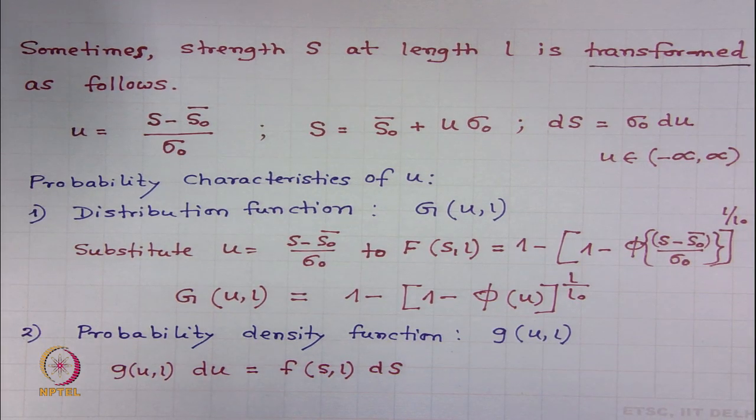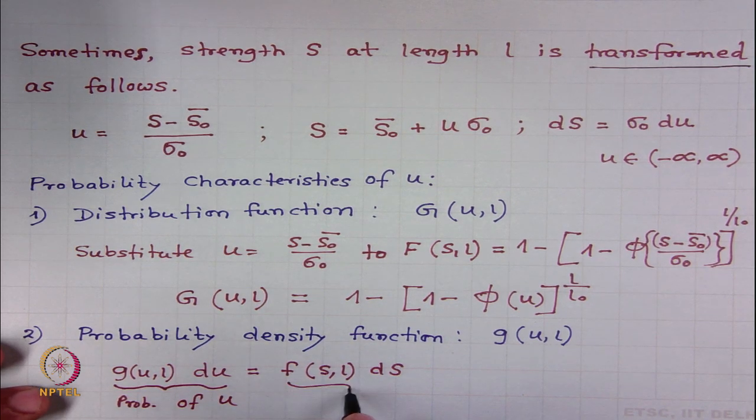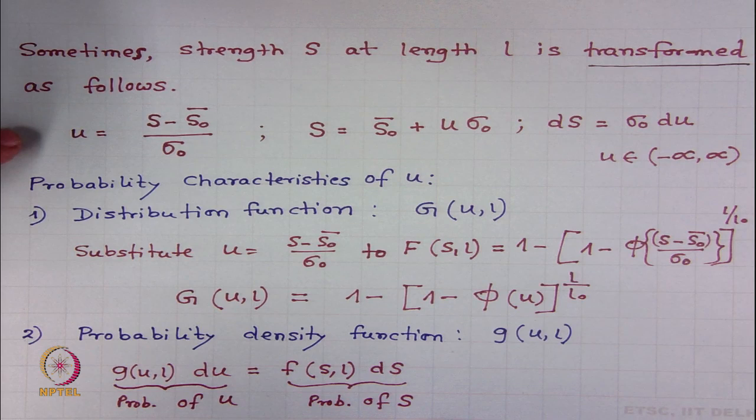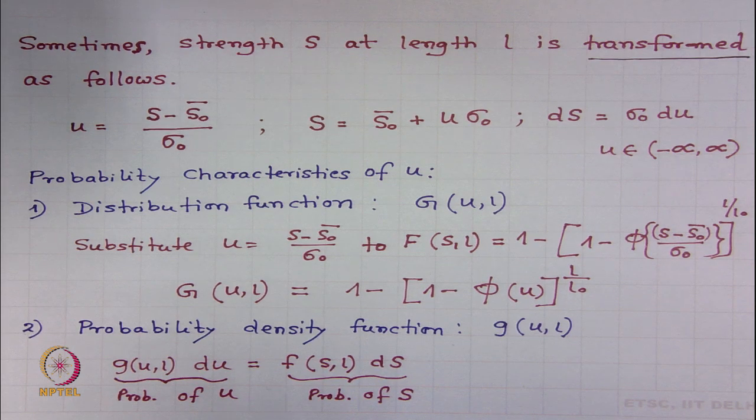Why is it valid? Because this is the probability of U, and this is the probability of S. S is transformed to U, so their probabilities must be the same. That is why this relationship is valid.